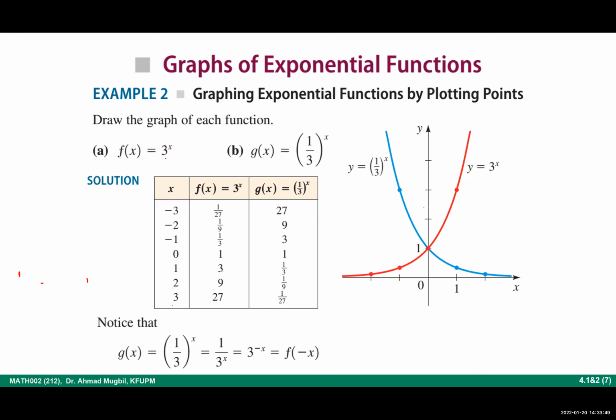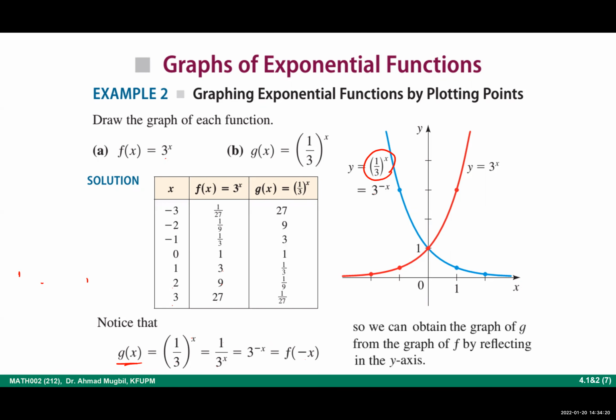In fact, (1/3) to the power x is 3 to the power -x. It is just the same function, but replacing x by negative x, and this is the case when we have reflection in the y-axis. So it is better to think of a function like this as 3 to the power -x. It will be much easier, and it will be the same as the graph of 3 to the power x reflected in the y-axis.